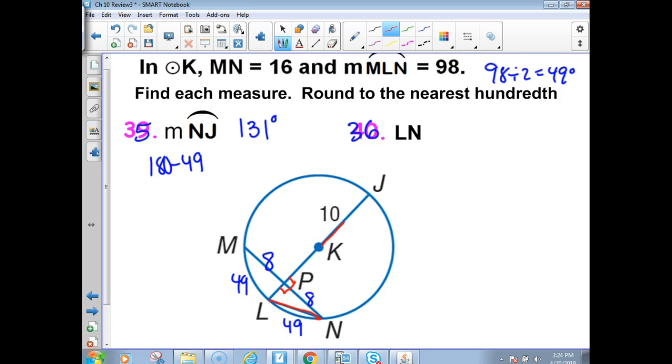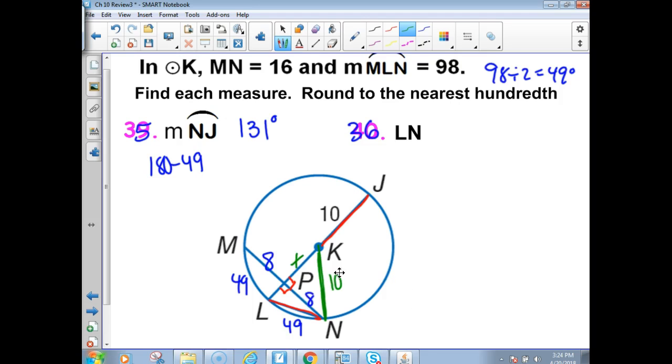I also know the radius is 10. So I better draw in another radius right here from K to N, which would be 10. I got a leg that's 8. I'm going to have to find KP, so I'm going to call that X.